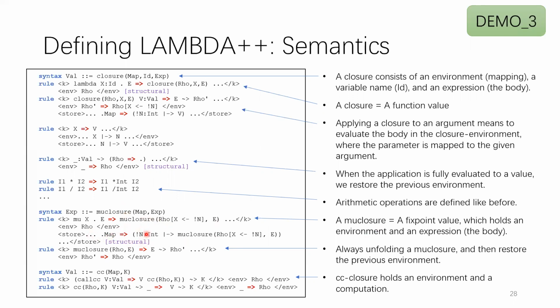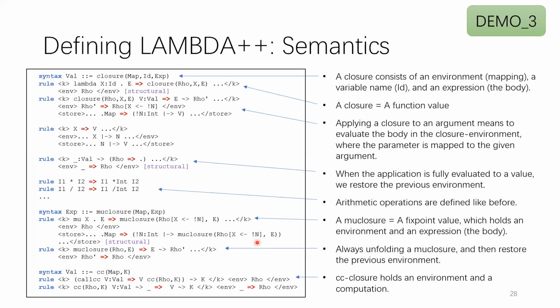So to evaluate mu x e, we do not touch the environment. We'll just simply allocate a new location for the entire mu closure, right? And in the closure, we update the environment by mapping x, which is the binding variable, to that new fresh location.